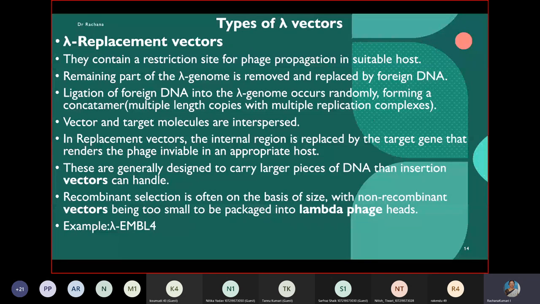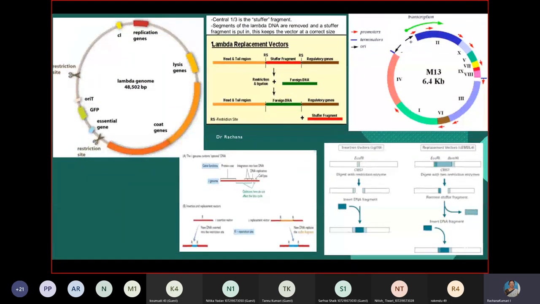So now to distinguish between the recombinant and the non-recombinant cells, as we know that the frequency of non-recombinants will be lesser in comparison to the recombinant ones. So how do we do that? We have one example of a phage vector called lambda EMBL4. Now let's check the process of selection for the lambda genome.